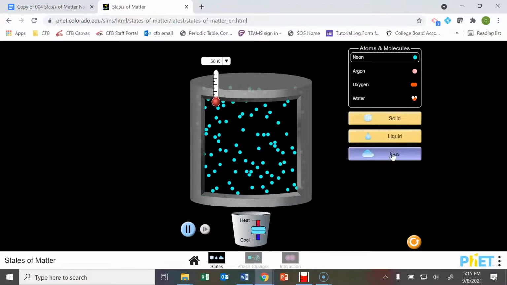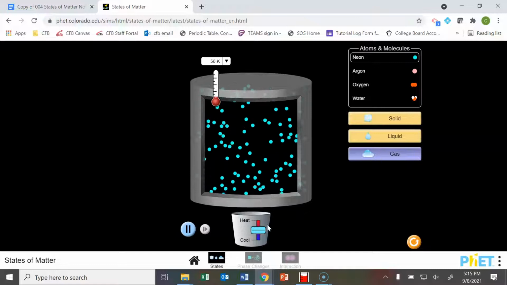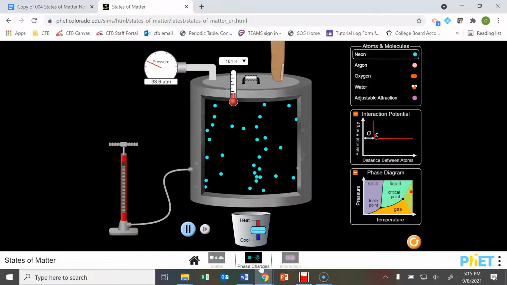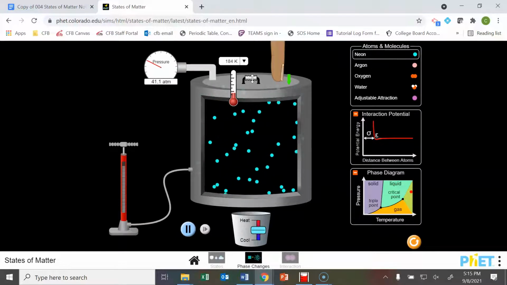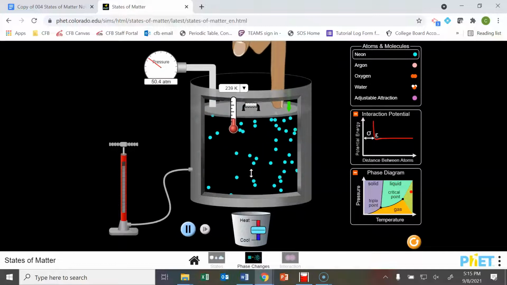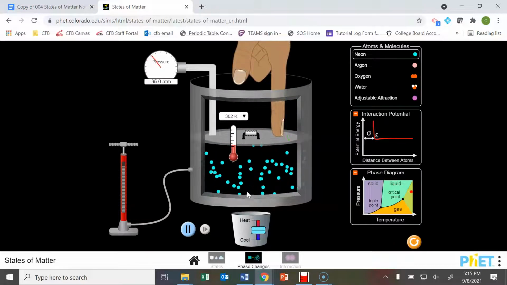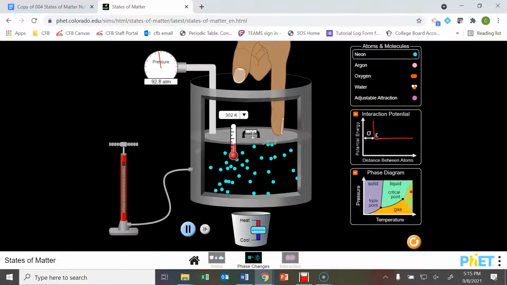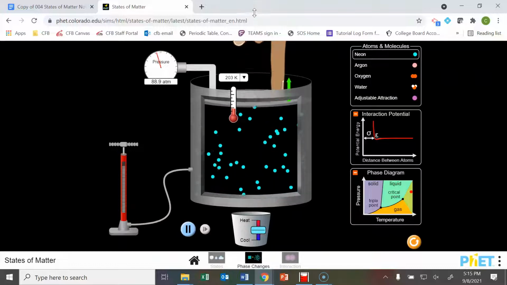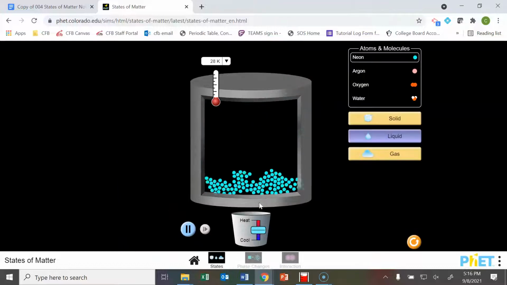And then look at the gas. That gas will fill whatever container I put it in. Just to illustrate that, if I change the volume of the container, there's higher pressure and they're bouncing around more, but it takes whatever volume when you pour them in a different container.